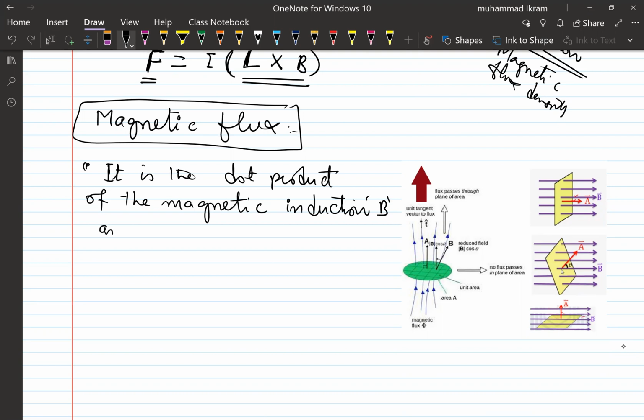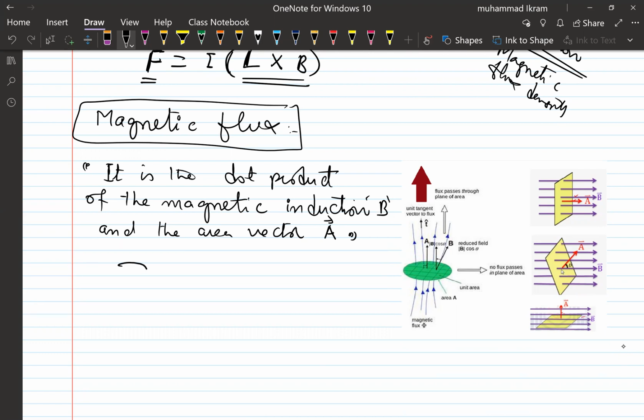and the area vector A through which the magnetic field lines pass.